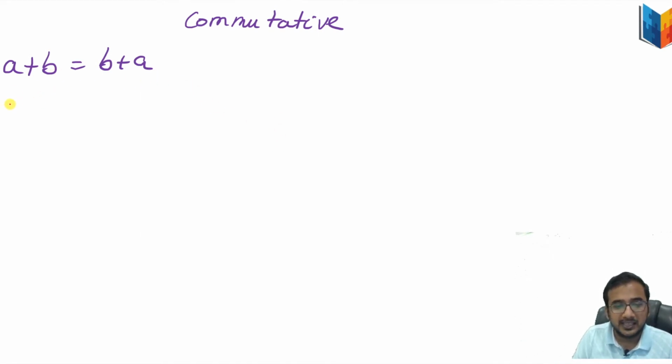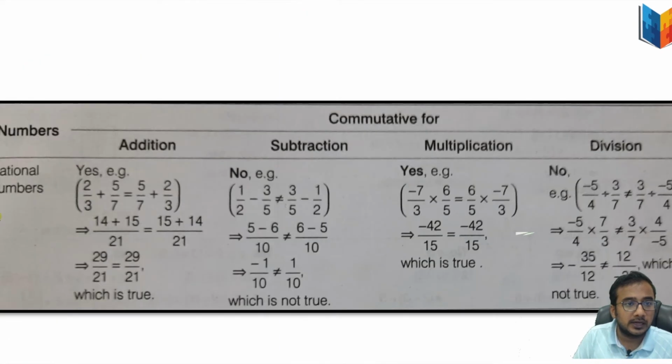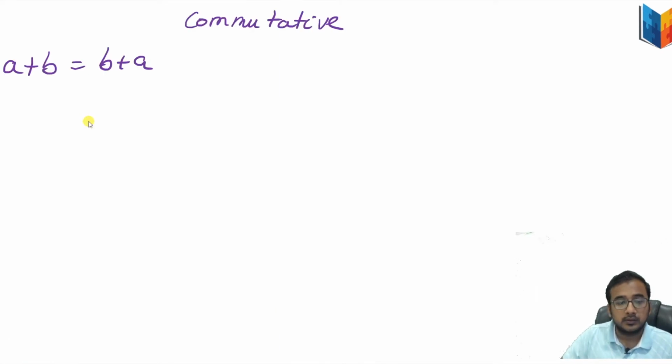But in this case, when we are talking about rational numbers, it has to be in a particular form. So let me use some different color. Okay, so let us see. For example, we will have minus 2 by 3 plus 5 by 7.